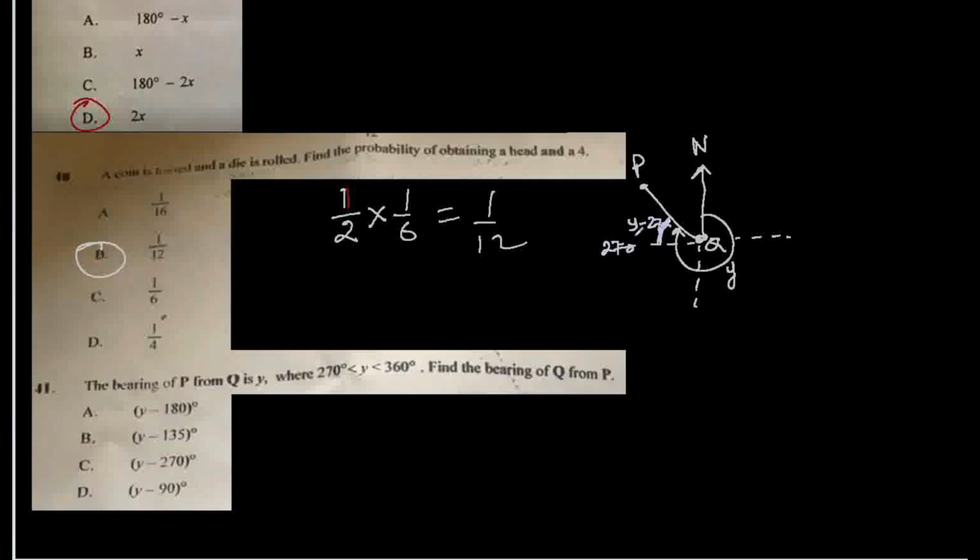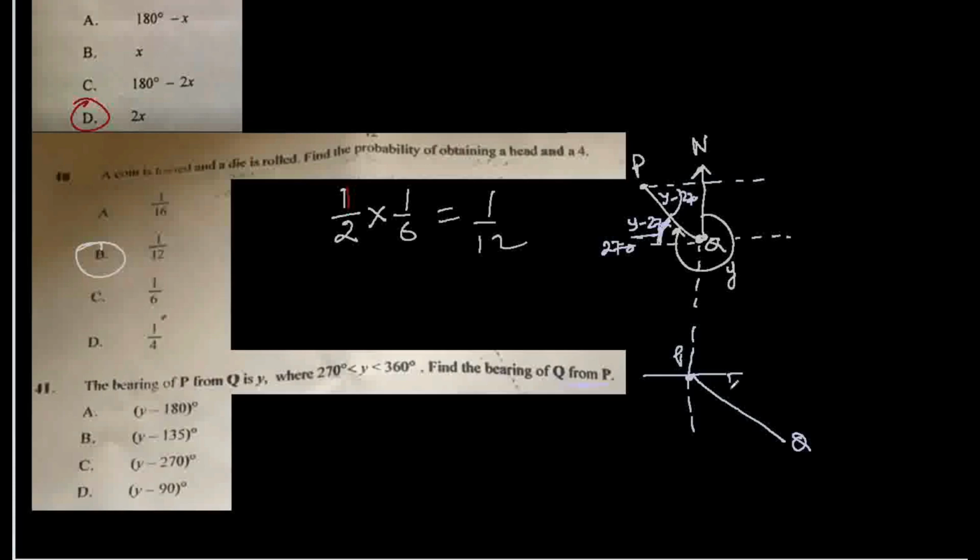Okay, so now let's redo it again. This is P, this is Q, and now we want the bearing from P. From P, that means we'll work at P. And we just got this angle as y minus 270, that means this angle is also y minus 270.